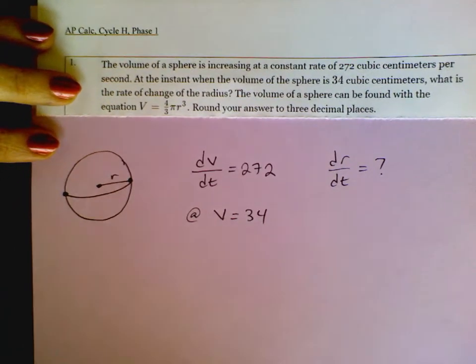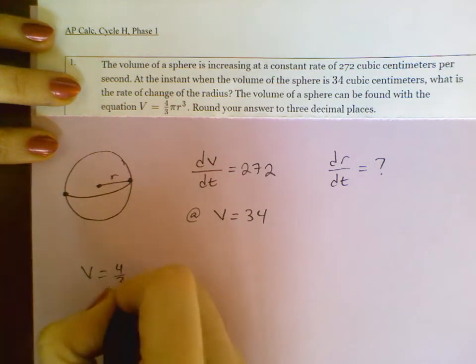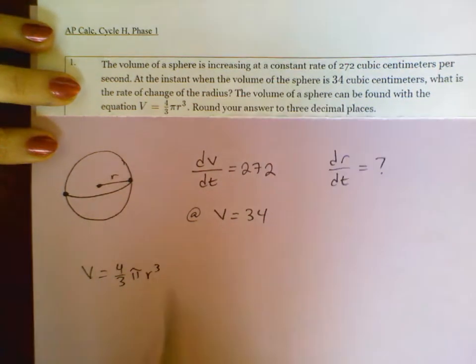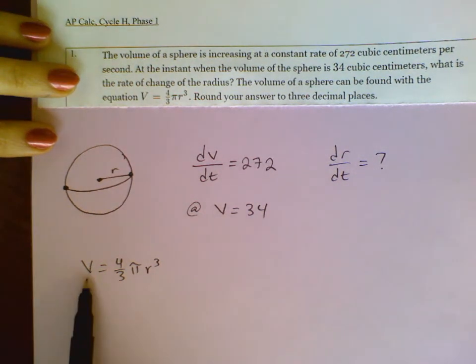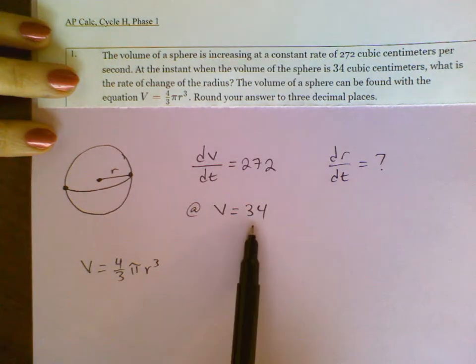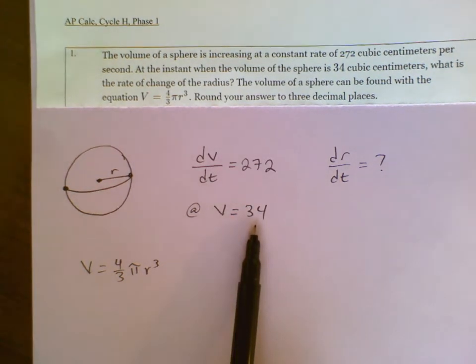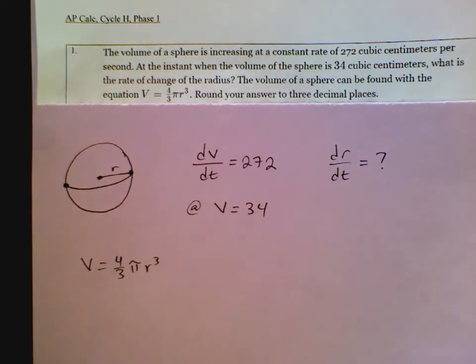Now okay, so let's write this formula down. So V equals 4/3 pi r cubed. Now, you look at the formula that you're working with, and there's two variables, V and r. At a certain moment, V is 34. So that must mean at this certain moment when V is 34, r must also have a certain value at that moment.